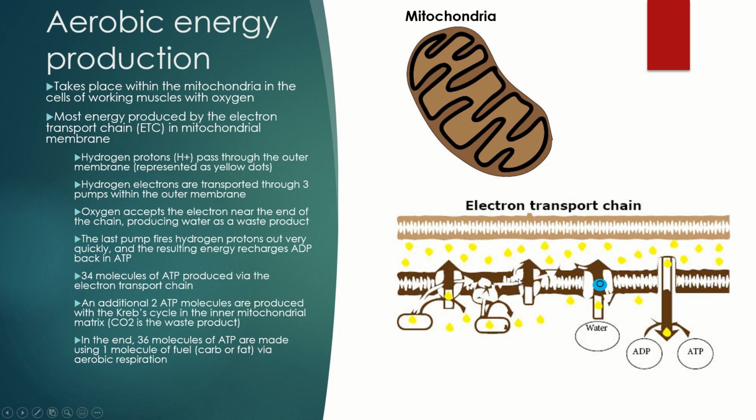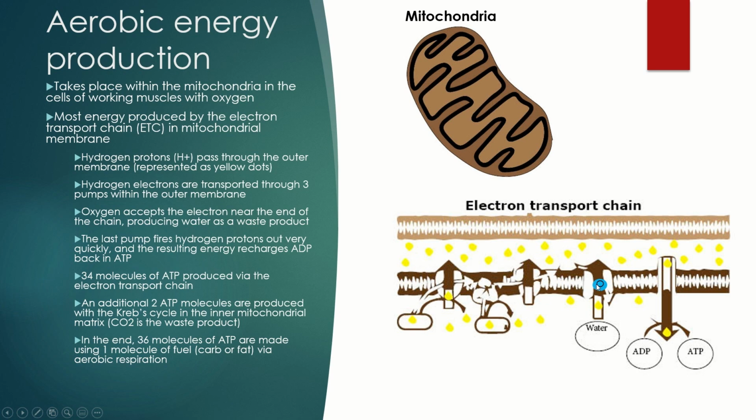It's kind of this up and down, sort of pulsating. The electrons transport down this chain. So they go through the first three, and when the electrons are transported through the first three pumps, 1, 2, and 3, they're pulling in these hydrogen protons, and the electrons stay here, and they go through the first three.